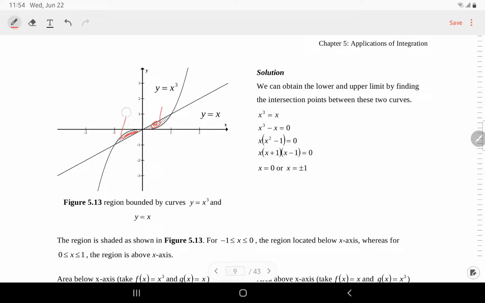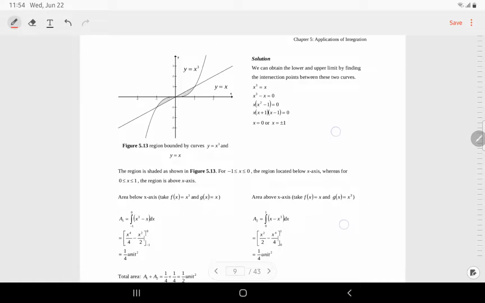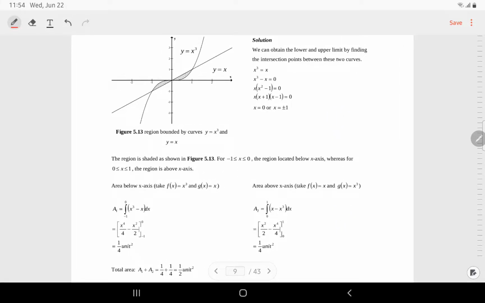So area yang ni dengan ni kena kira separately lah dia punya integration. Ataupun kalau nak pakai alternative solution, okay, yang ni. Kalau ini cara panjang dia.